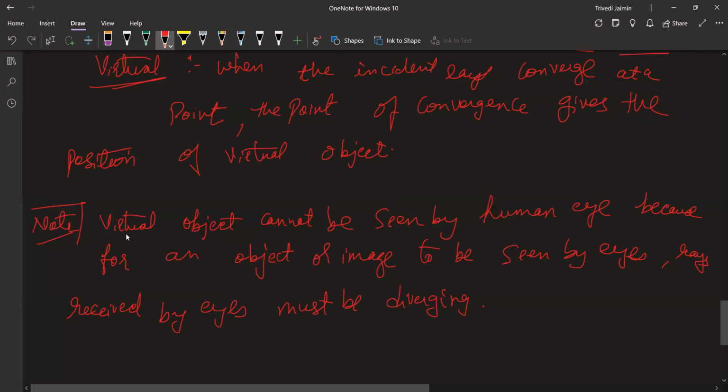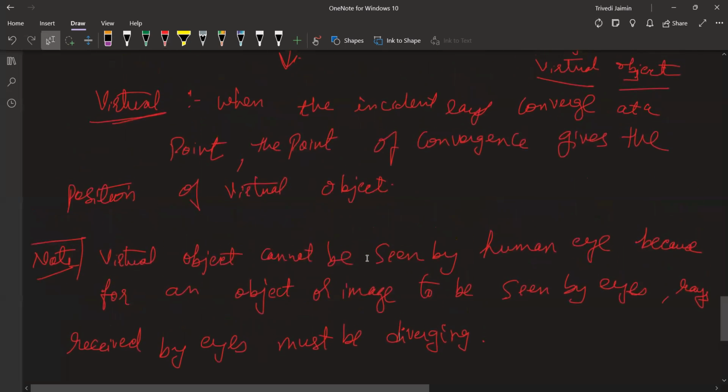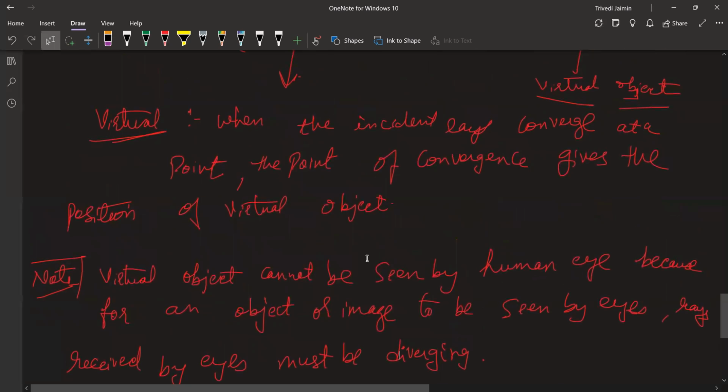If they are converging, we cannot see. Our eye structure is like that. Don't make a note of this.